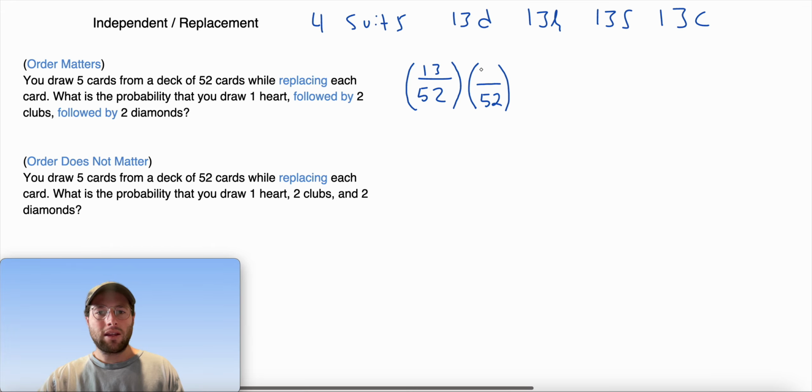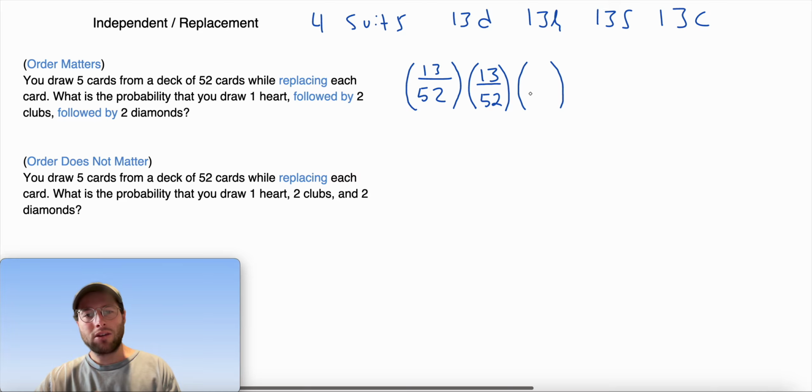So again, that's going to be 13 out of 52 because we have 13 favorable outcomes out of the 52 possible outcomes. And then we want to draw a club again. We put that club back in the deck, so we still have 52 cards and there are still 13 clubs.